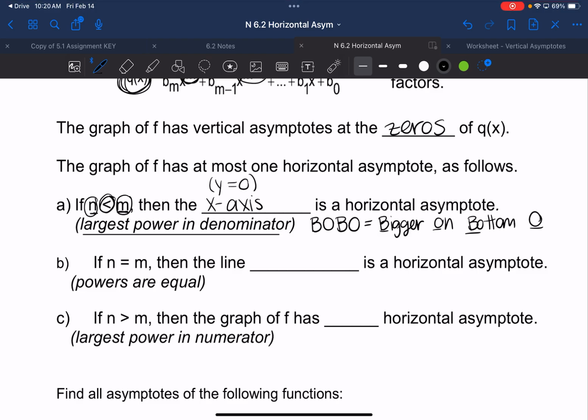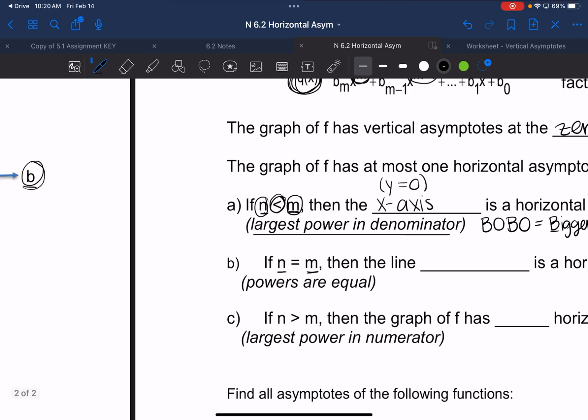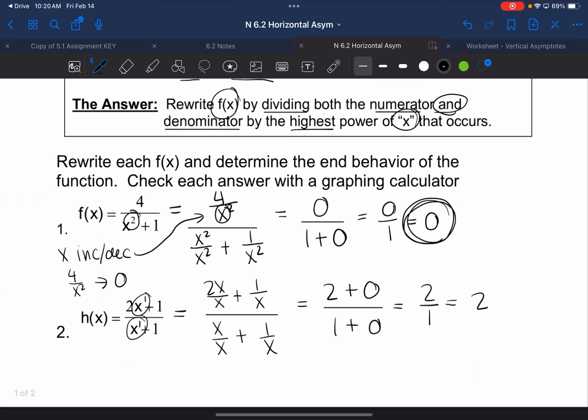Okay? Next, it says if n equals m. So that means the exponents in the top and bottom are the same. Well, that happened to us on example number 2, right? On example number 2, the exponents were the same. We ended up getting 2. Well, if you guys notice, the two things that had the x's were 2 as a coefficient and 1 as a coefficient, right? 2 divided by 1 is what gave us the 2.